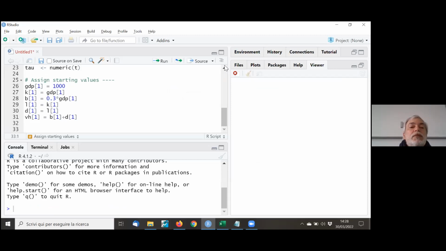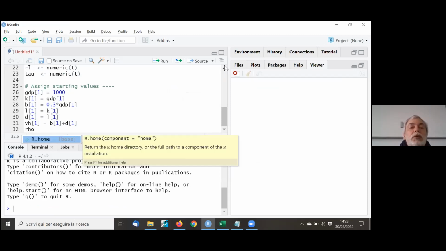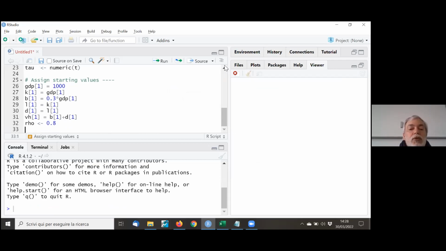You can just type the name of the parameter. So rho equal to, exactly. So assign that to be what, 0.8. So we have WB1 is equal to rho times GDP1.